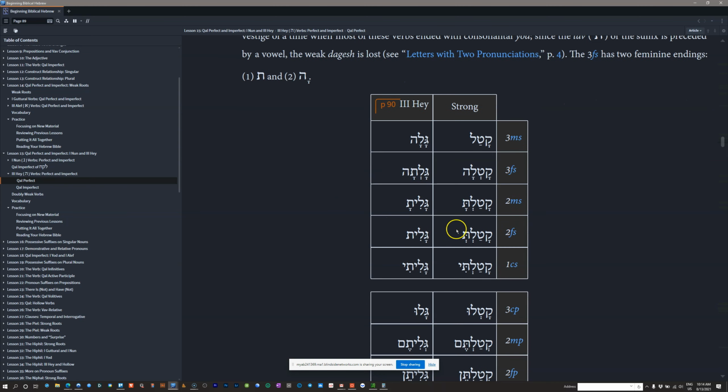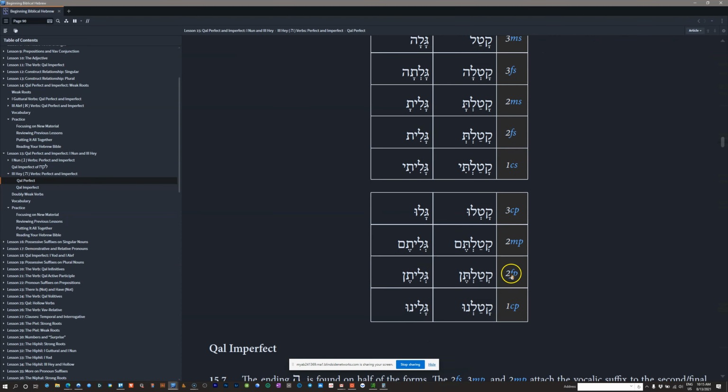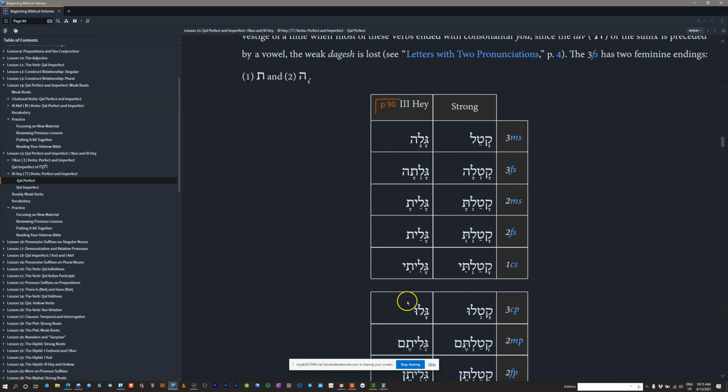When you've got a consonantal suffix, that is a suffix that begins with a consonant, so 2ms, 2fs, this is in the Qal Perfect, 1cs, 2mp, 2fp, 1cp, all of these suffixes begin with a consonant. When you add a suffix to a III-Heh verb that begins with a consonant, the III-Heh shifts to a hireq yod. All right? So the tsere drops out and a hireq yod pops in.